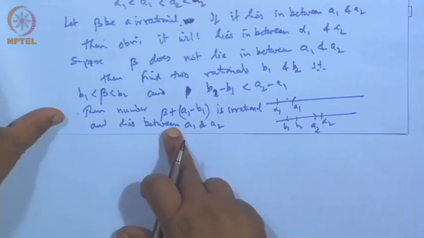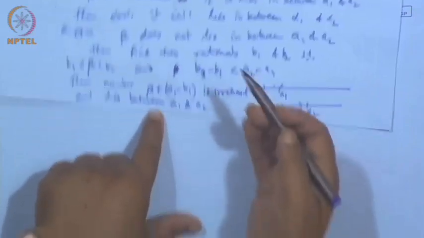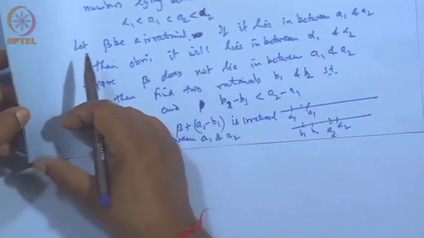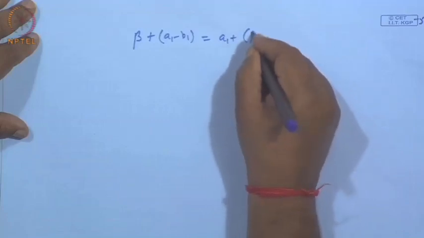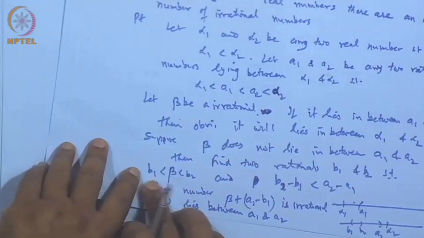Why? Because beta plus a 1 minus b 1 can be written as a 1 plus beta minus b 1, and I am assuming beta lies between b 1 and b 2, so beta minus b 1 will be positive.